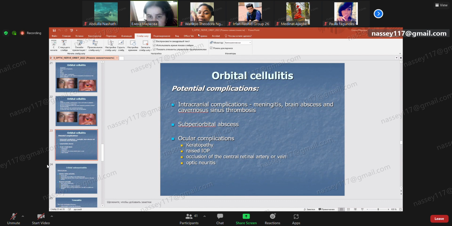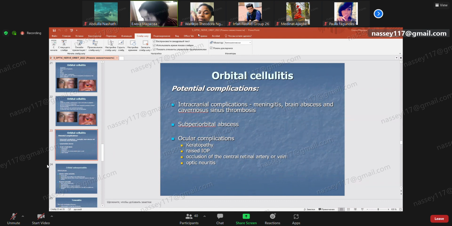The second step in treatment is analgesics and anti-inflammatory drugs. For example, anti-inflammatory drugs may be steroids, corticosteroids, and non-steroid anti-inflammatory drugs. All these drugs are helpful to control pain and fever.